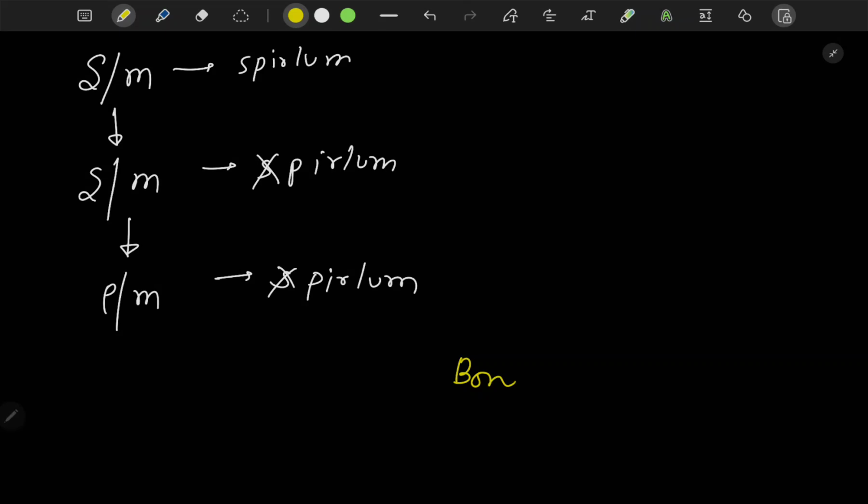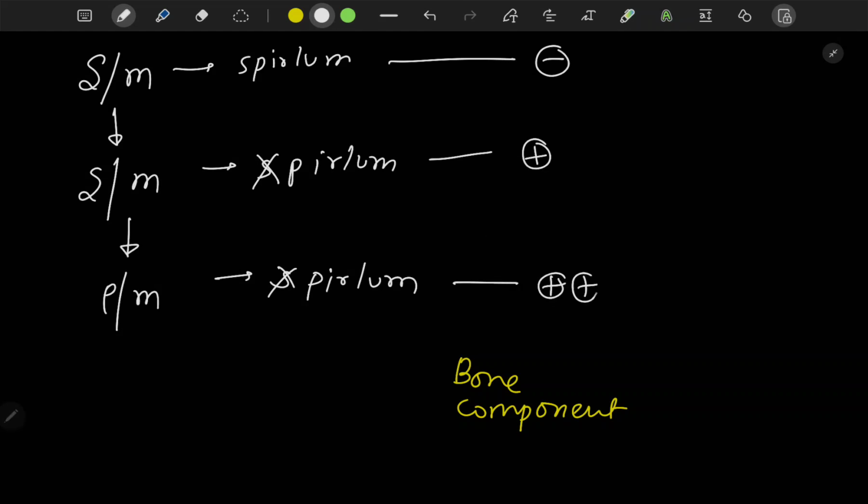If I talk about the bone component, this is almost negligible. There is present. This is highly present.